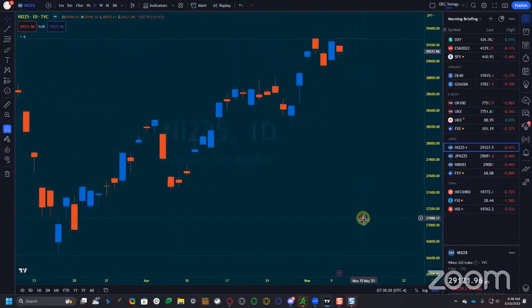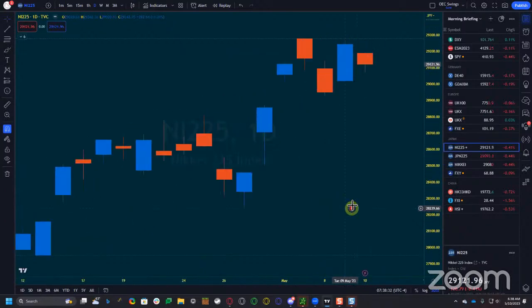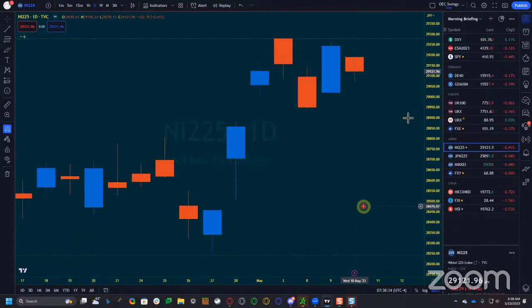Remember, we talked about Japan having closed before really the bad news had come out yesterday. You could see how it affected them today with that tremendous gap down. They didn't even attempt to close the gap. They just continued moving to the downside. They did close inside day, and I haven't yet made the measurement, but it really looks like they closed below the 50% mark of the previous day's candle.